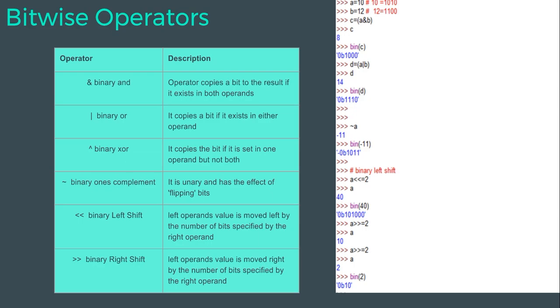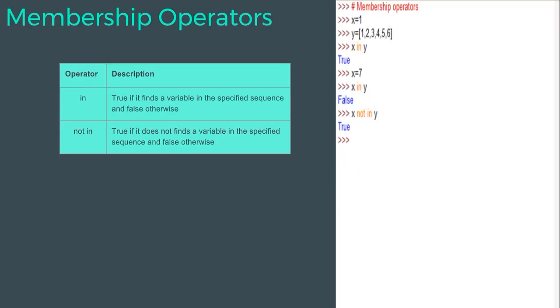Now let's see the membership operators. There are two operators in membership: the in operator and the not in operator. In the in operator, the value is true if it finds the variable in the specified sequence and false otherwise.